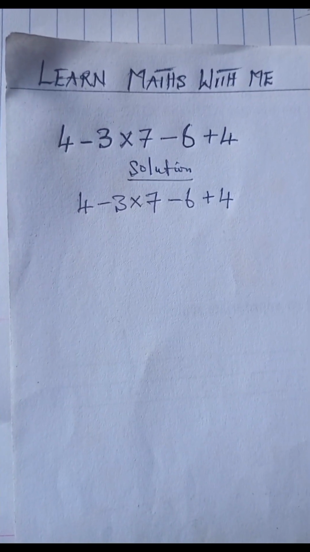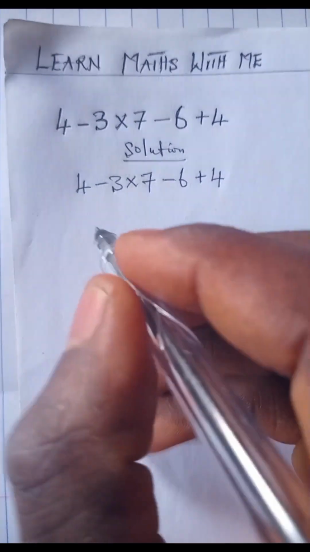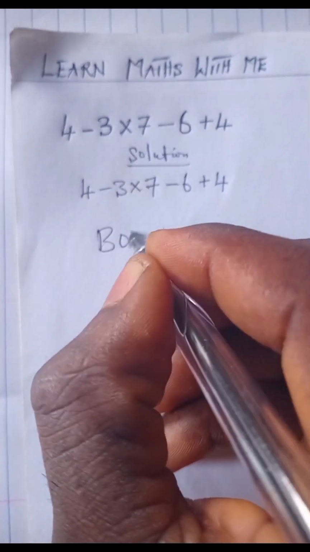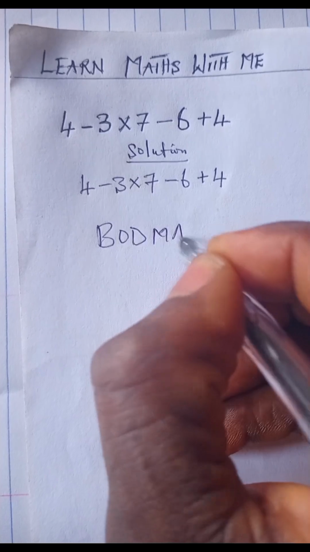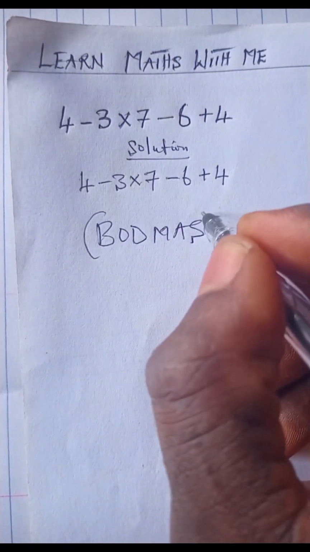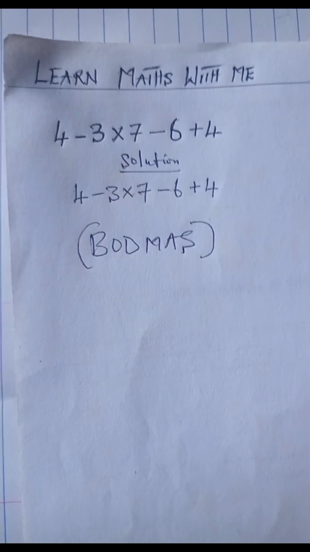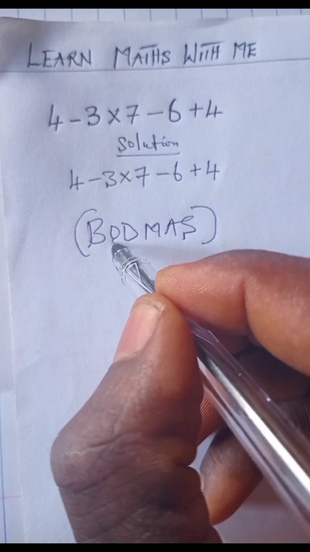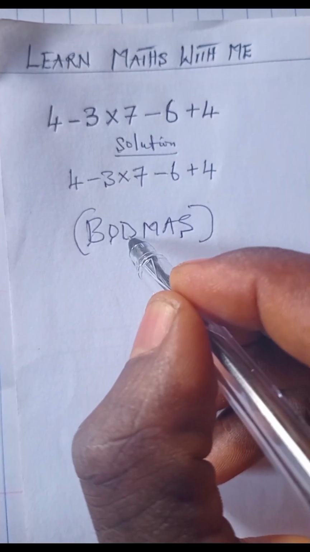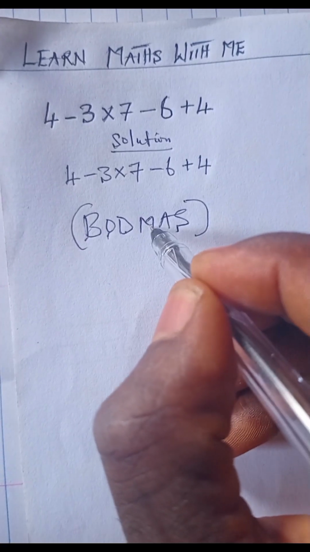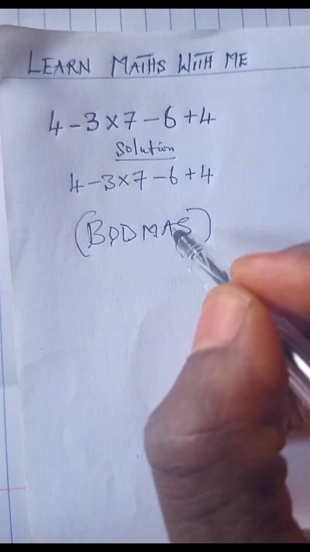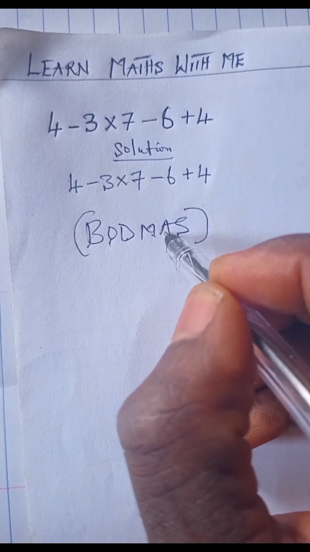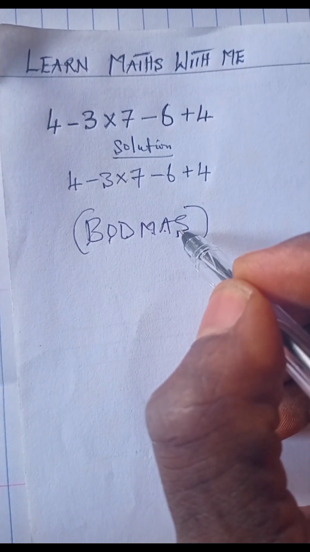All right. Now this question is under BODMAS. So this is what we use to solve this question. B represents bracket, O means of, D stands for division, M stands for multiplication, A stands for addition, and S stands for subtraction.